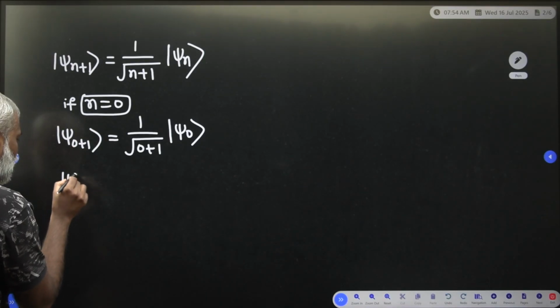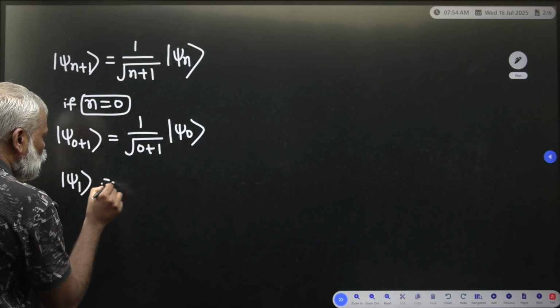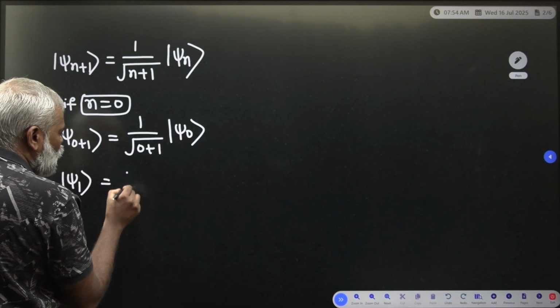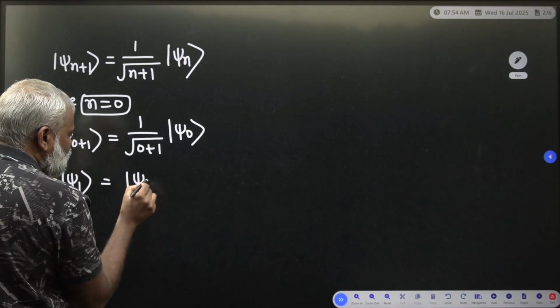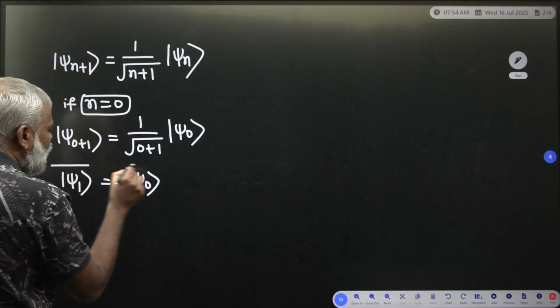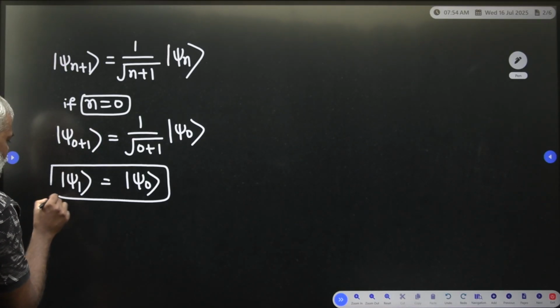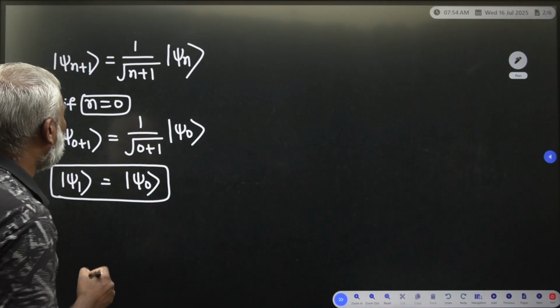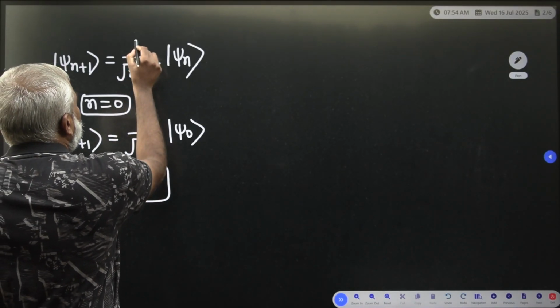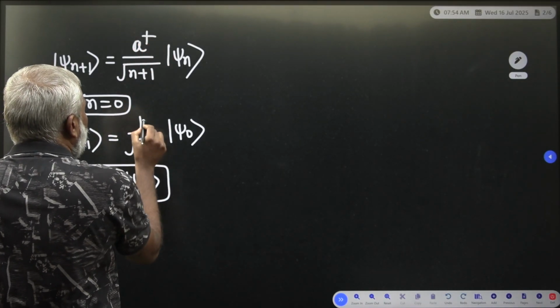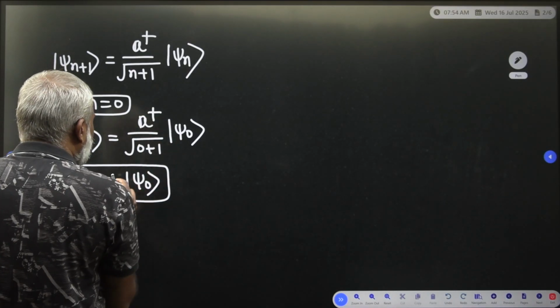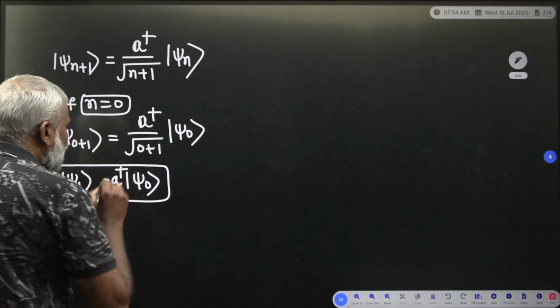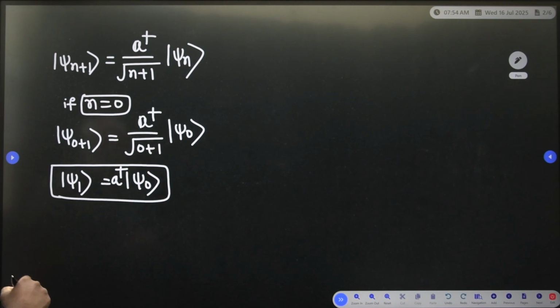So, therefore, ket psi 1 is equal to 1 by root 1, which is 1. So ket psi 1 is equal to ket psi 0. Here we have to write a dagger also, a dagger into ket psi n, you are going to get it.